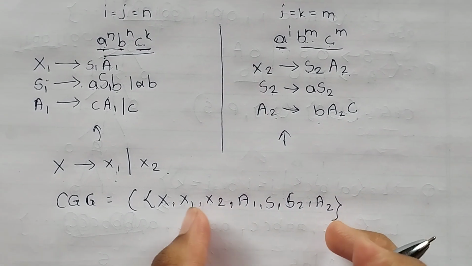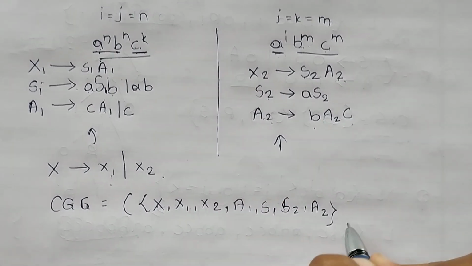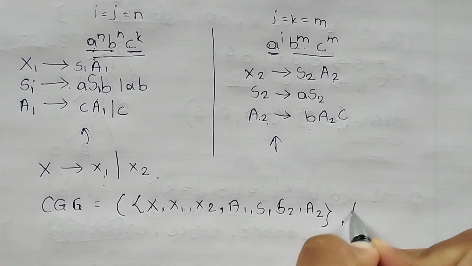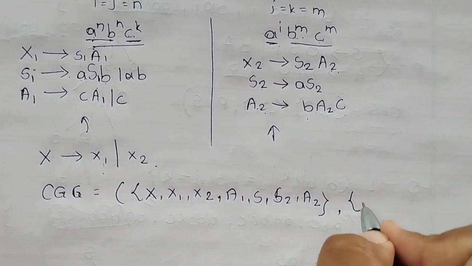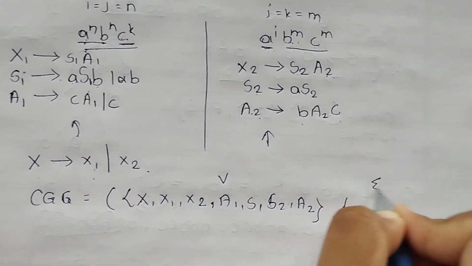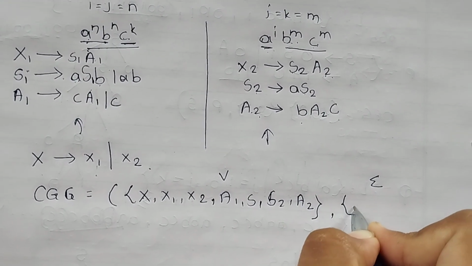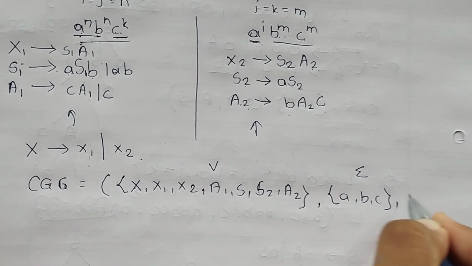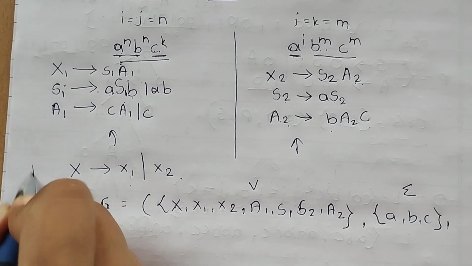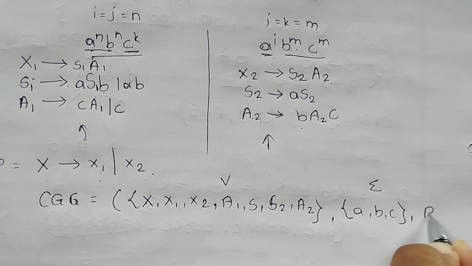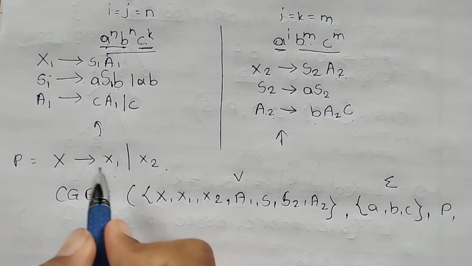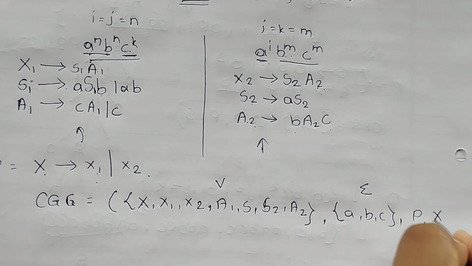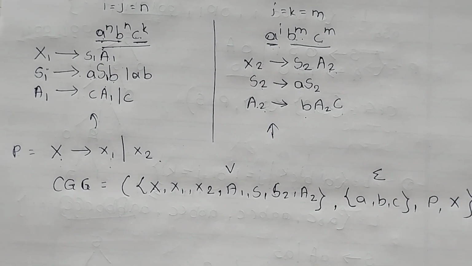These are our variables, capital V. Then we write all the inputs, sigma. So the inputs are a, b and c only. Now we want the production, so this is initialized with P, and the starting symbol is X. So this is our CFG.